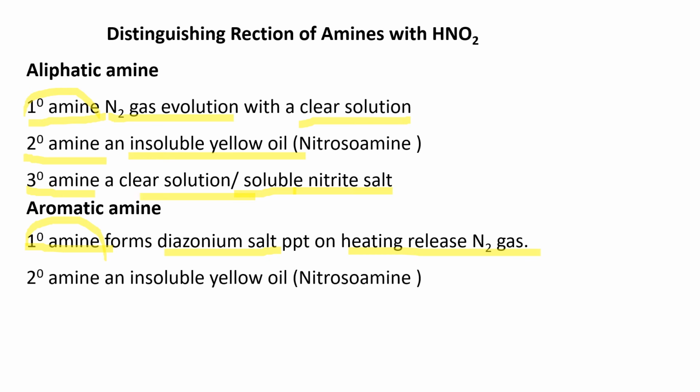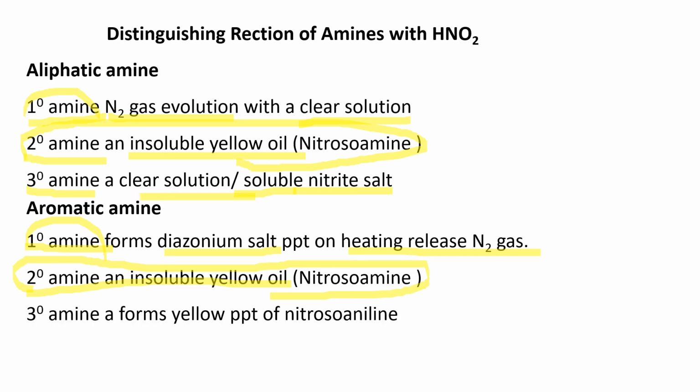Similarly, the secondary aromatic amine forms an insoluble yellow oil, just like the secondary aliphatic amine, which means secondary aliphatic and secondary aromatic amines show an identical reaction in the products. And tertiary aromatic amine forms a yellow precipitate, whereas tertiary aliphatic amine forms a soluble nitrite salt forming a clear solution, whereas the tertiary aromatic amine forms a precipitate in the solution.